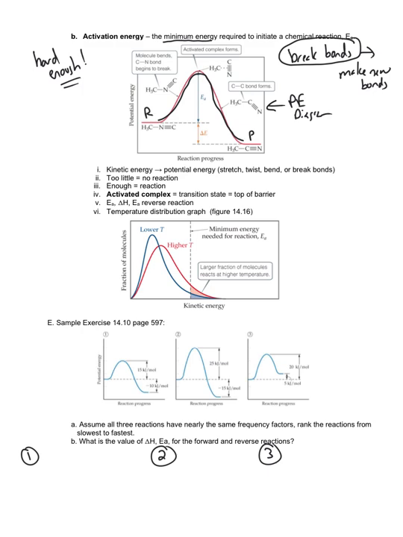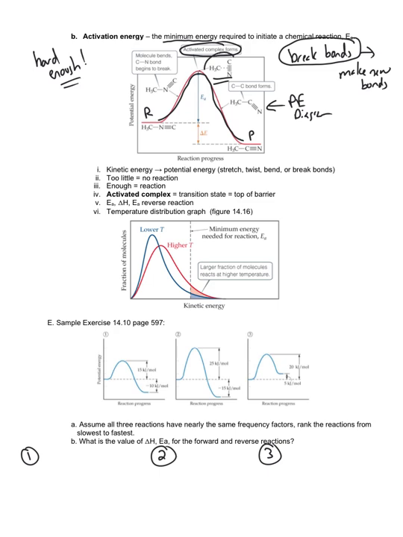The peak, at the top of the peak, is something called the activated complex. The activated complex is a substance that really doesn't exist in real life, but it's a compound which shows the possibility of new bonds forming and the old bonds breaking, or vice versa, the reactants reforming because there's not enough energy or the collision doesn't occur at the right spot to be able to form it.